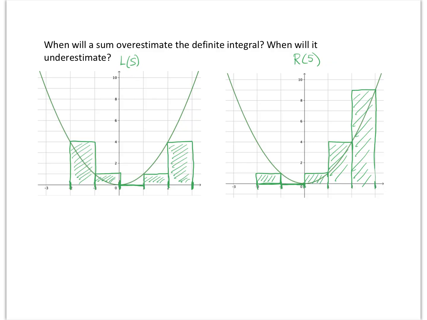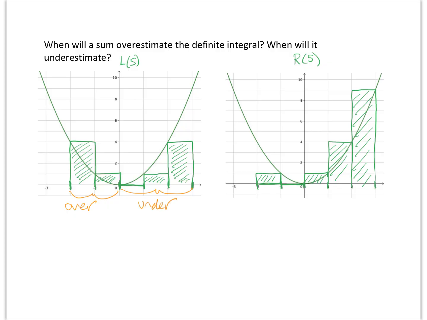Okay, so when I look at left 5, these first two rectangles are overestimating the area under the curve. So right here, we have an overestimate. And then for the rest of the graph, my rectangles are underestimating the area under the curve. There's area under the curve that's not being counted. So these are an underestimate.